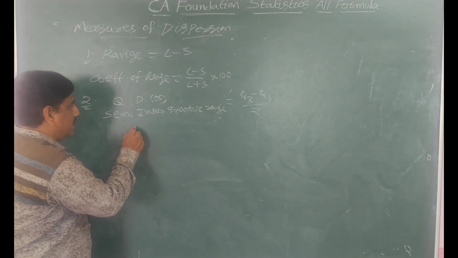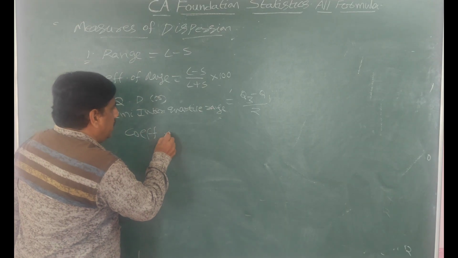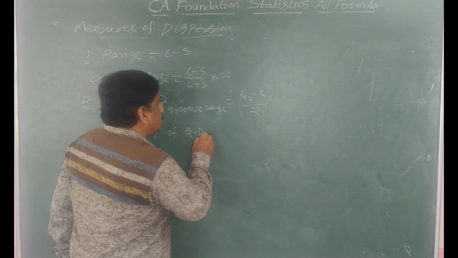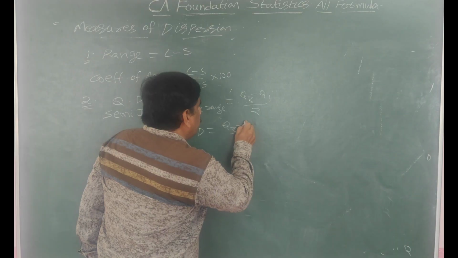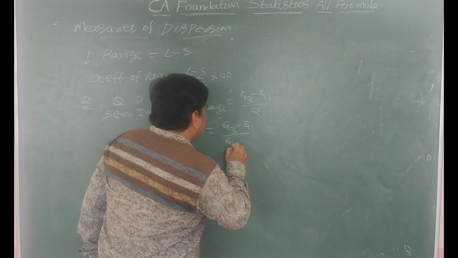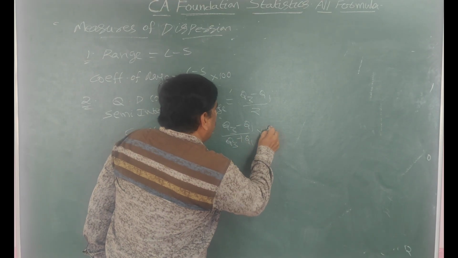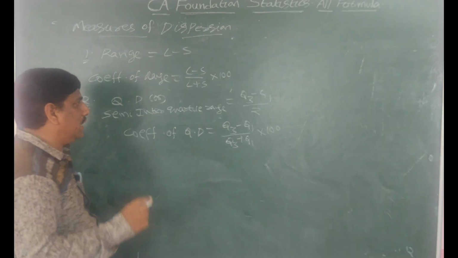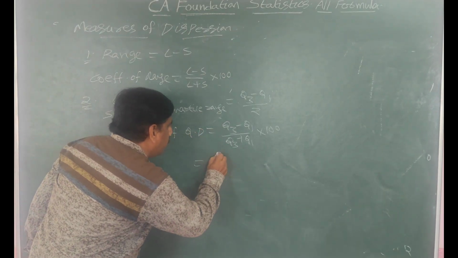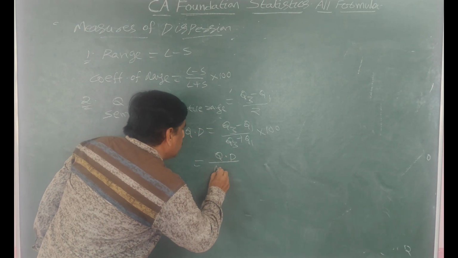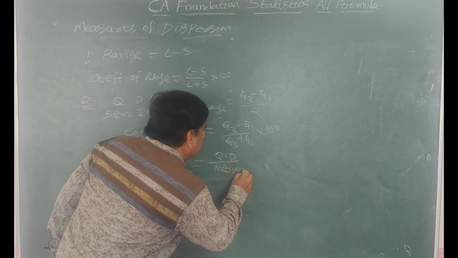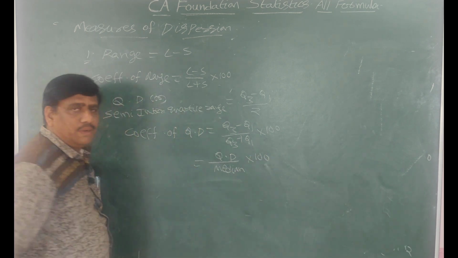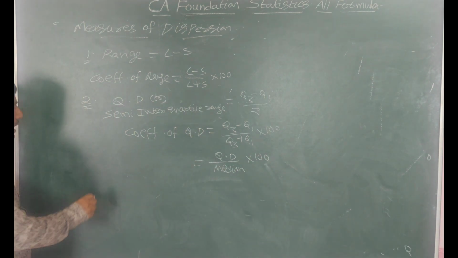This is an absolute measure. Coefficient of QD is Q3 minus Q1 by Q3 plus Q1 into 100. If it is a symmetric distribution, the coefficient of QD formula will be quartile deviation by median into 100.